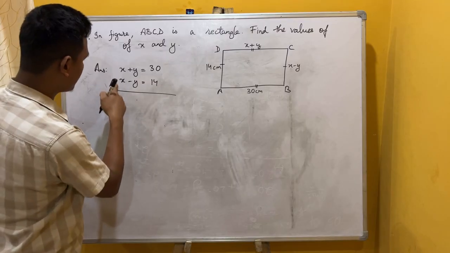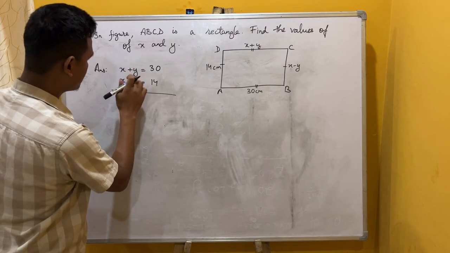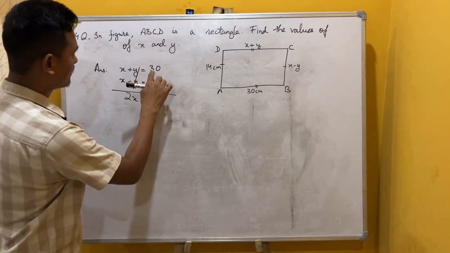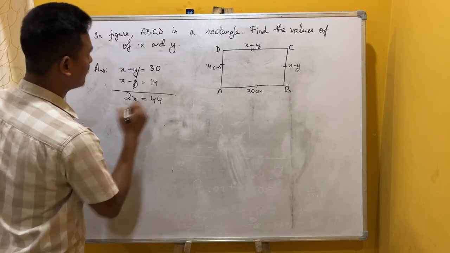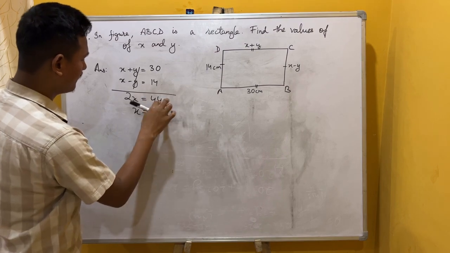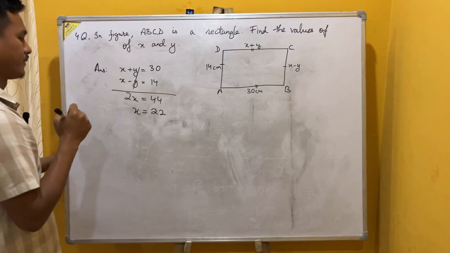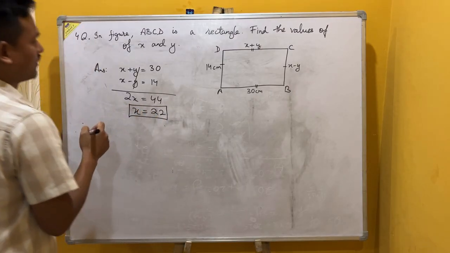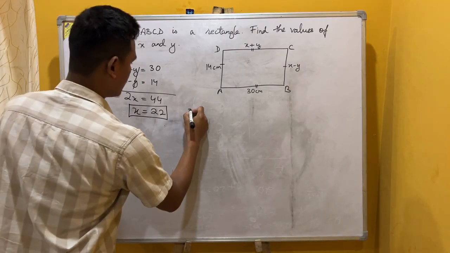When we add them, x plus x is 2x, y plus minus y gets cancelled, and 30 plus 14 is 44. So 2x equals 44, and when we divide 44 by 2, x is 22. Similarly, we'll find y by substituting the value of x in any of the equations.